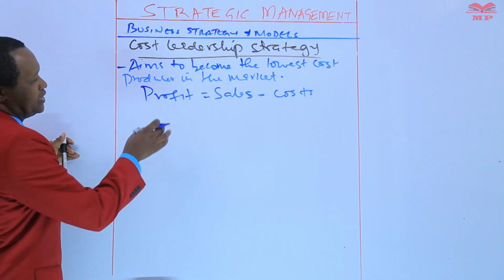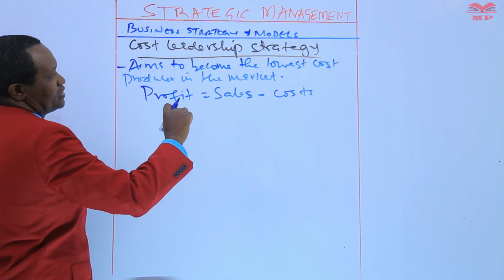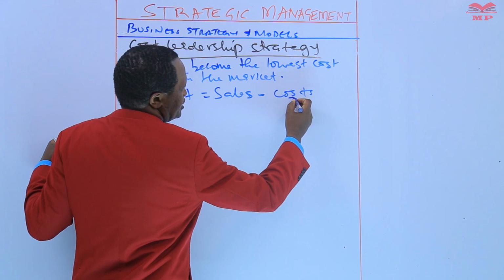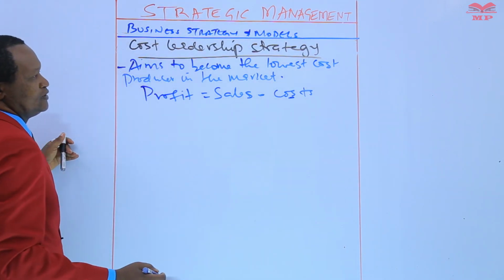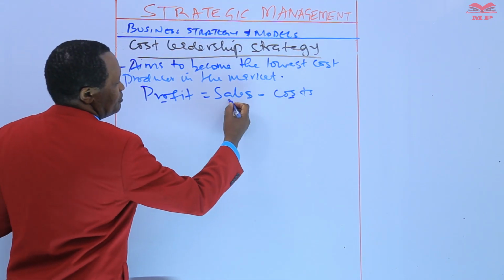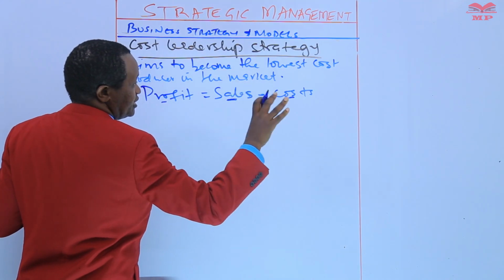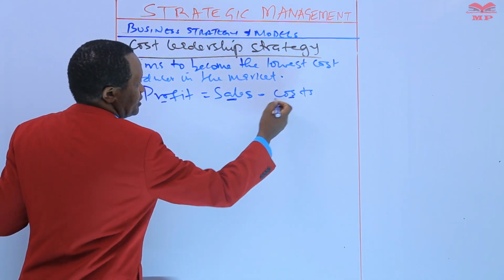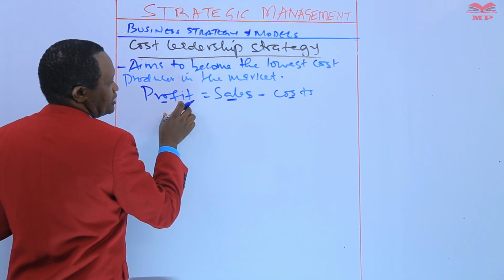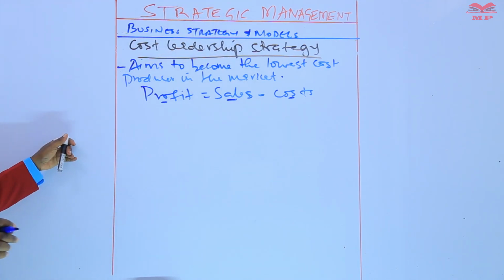So to increase this profit margin, a company that pursues cost leadership strategy will reduce these costs significantly so that the profit margins are higher. The selling price may be just the market price, meaning charging similar to other competitors. But the key thing here is that the profit will be higher even though the prices are the same as those of the competitors. Do you understand?